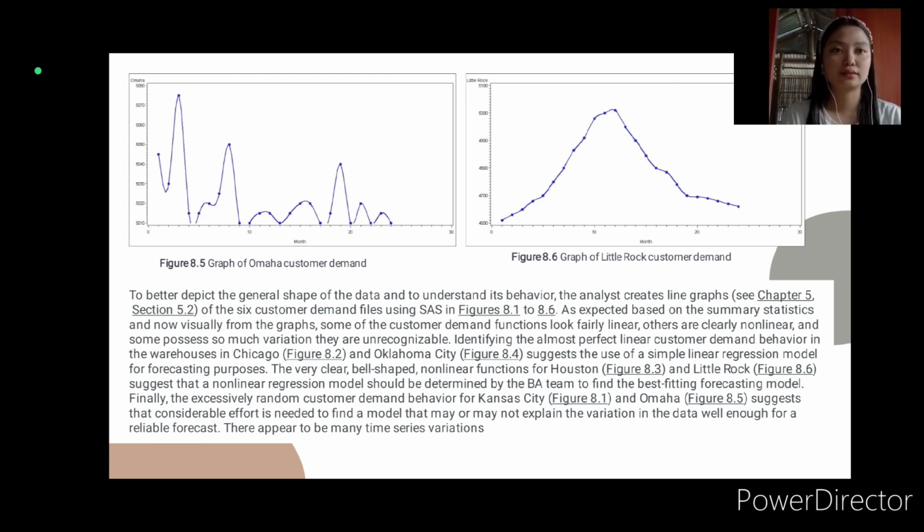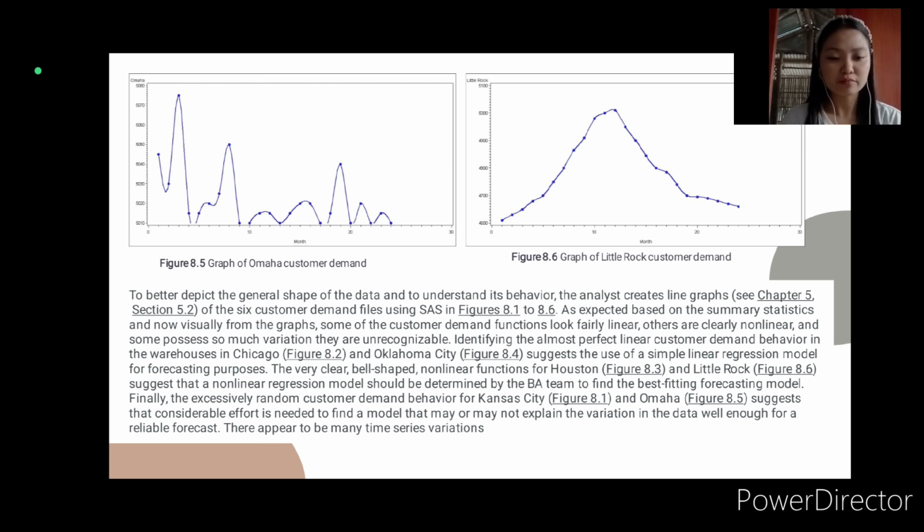And ito nga yung sa table 8.4 na Oklahoma City, yung graph niya ay naghihikayat sa paggamit ng isang simpleng linear regression ng modelo para sa mga layunin ng pagtataya. Ang nagpapalinaw ng hugis ng linya niya ay yung parang kampanang non-linear, ganon siya.